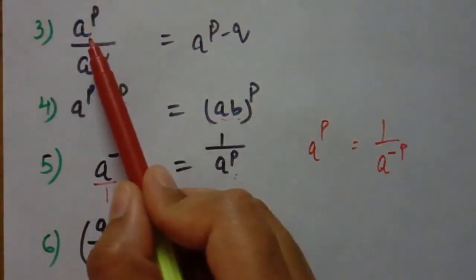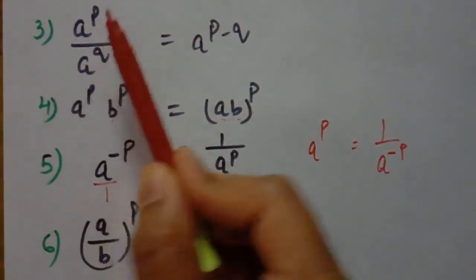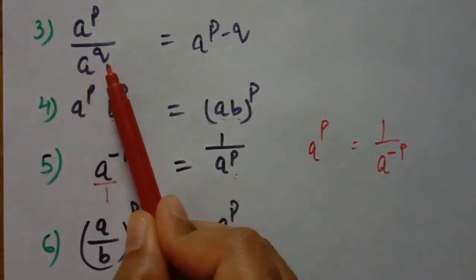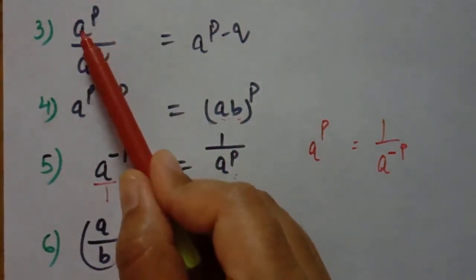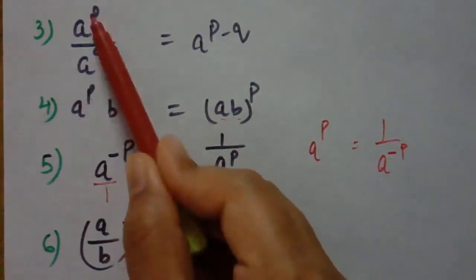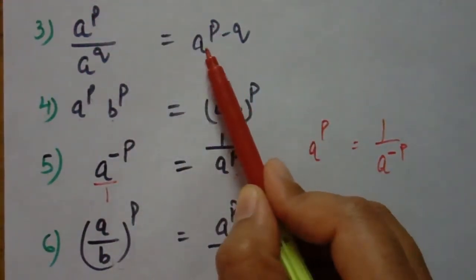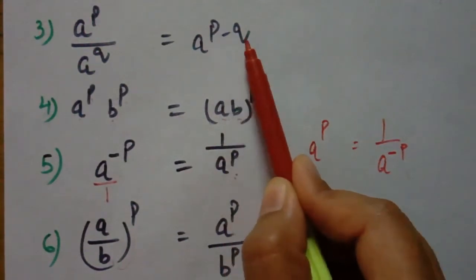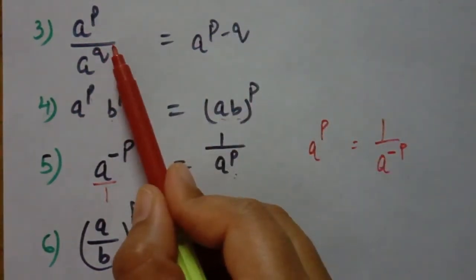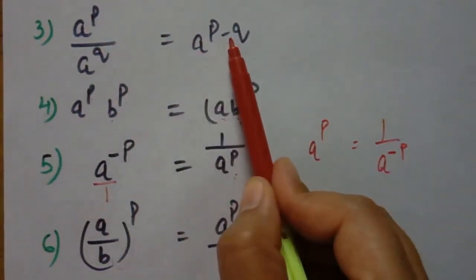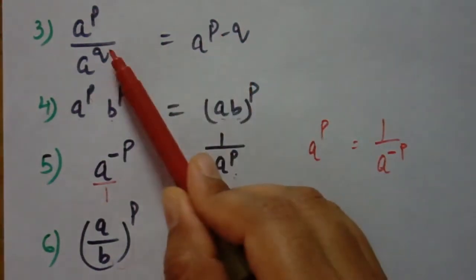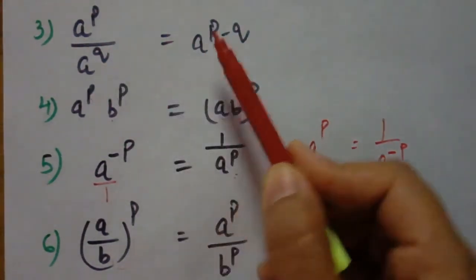Third law is a raised to power p divided by a raised to power q. Here the base is same, powers are different, and a division process is there, then it changes to a raised to power p minus q. When multiplication is there, then addition. When division is there, then subtraction.